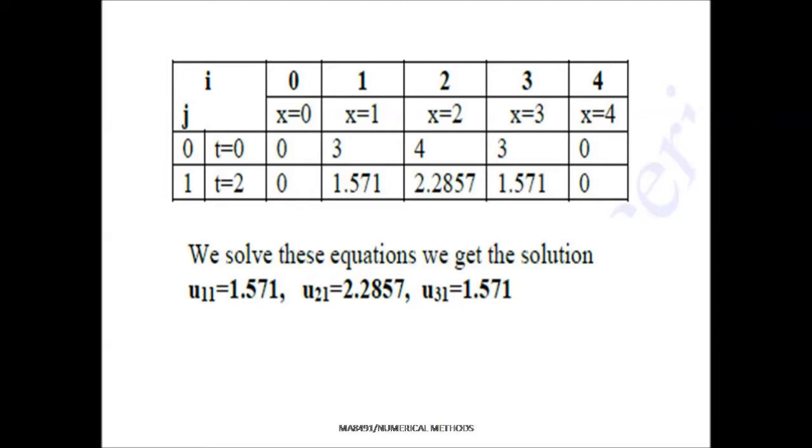If lambda is more than 1/2, then you do it by the Crank-Nicolson method. So solve this and repeat the process to familiarize yourself with the problem and its steps.